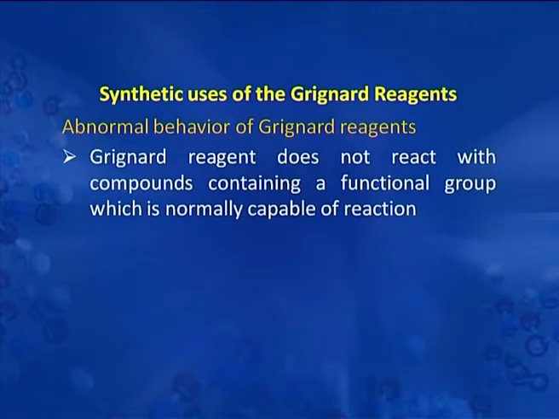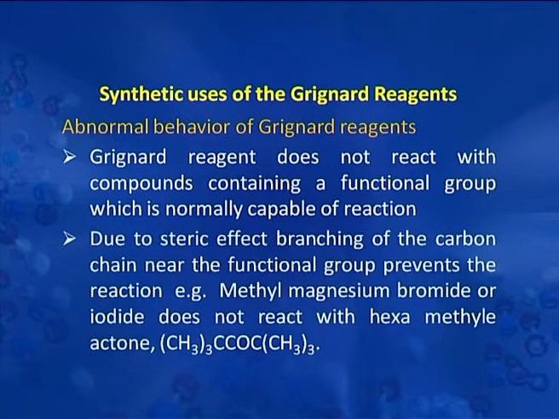Grignard reagent does not react with compounds containing a functional group which is normally capable of reaction. Due to steric effect, branching of the carbon chain near the functional group prevents the reaction, like methyl magnesium bromide or iodide does not react with hexamethyl acetone due to this bulky group.